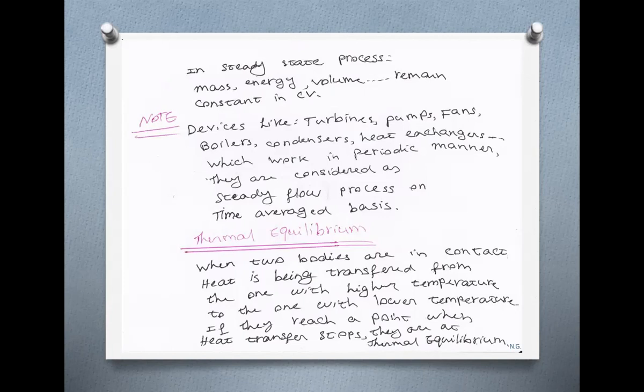Look at these devices. Think about these devices, for example turbine, pump, fan. We all know that they work cyclically, periodically. Now consider a fan and look at point A with coordinates XA, YA, ZA.